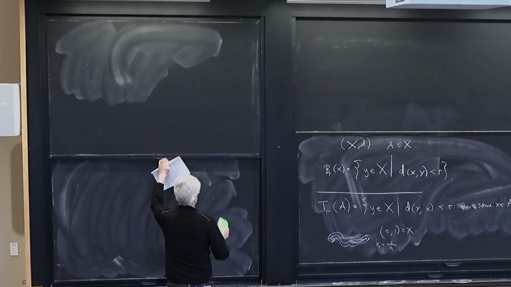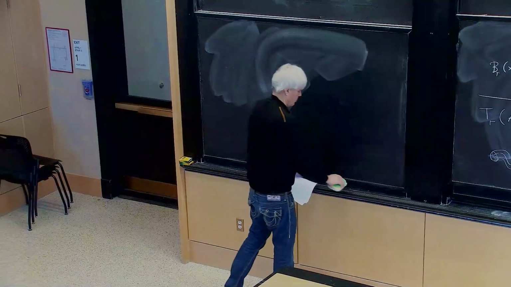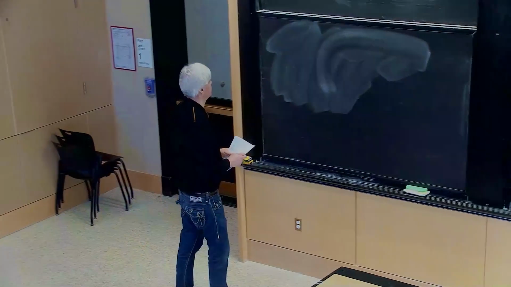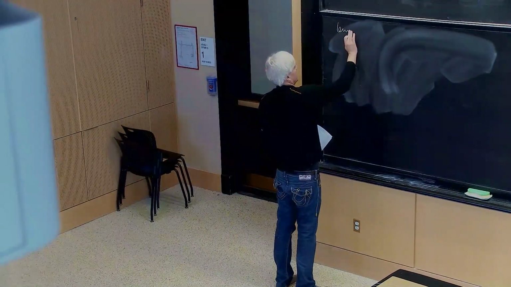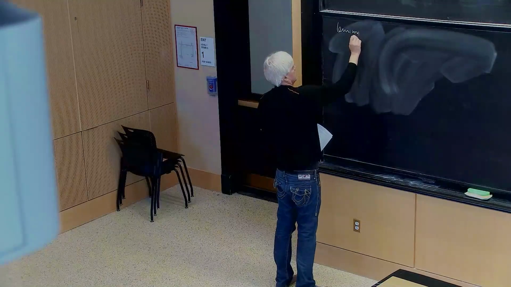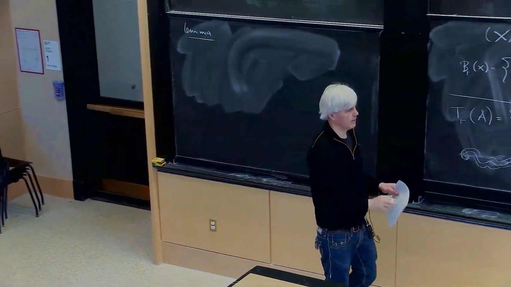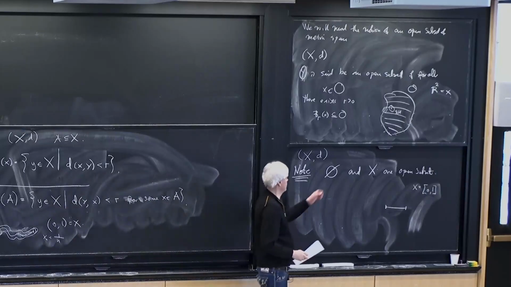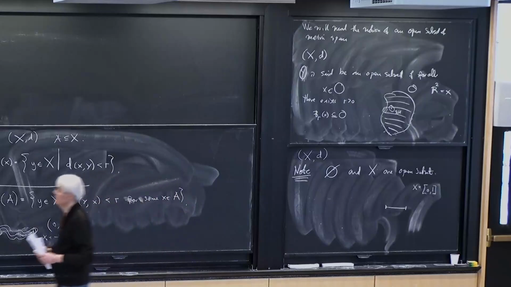And then after that, we will talk about how to get lots of open sets. So we have two examples. At the moment, if you take a metric space, we know that there are always two subsets that are open, the empty set and X, but they're not very interesting.